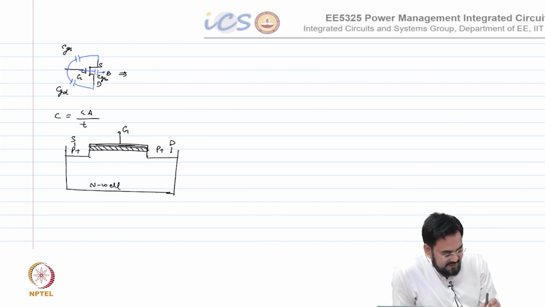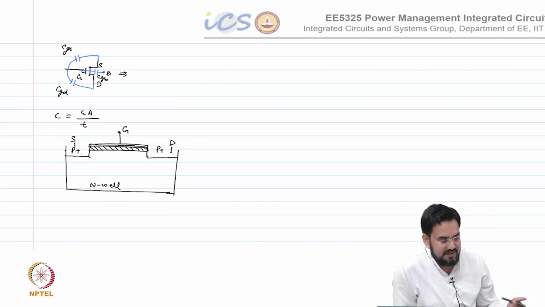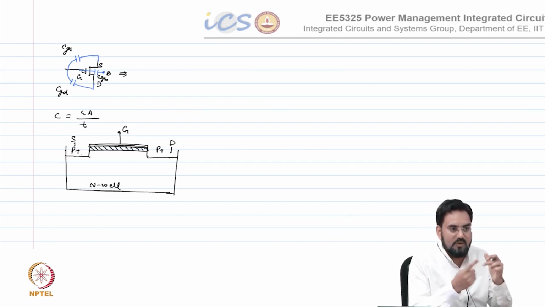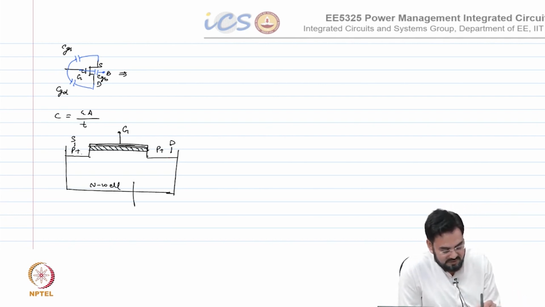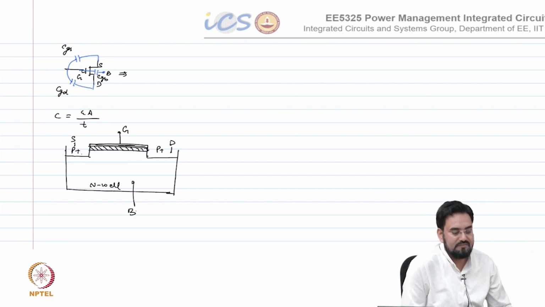If you look at the cap between gate to source or gate to drain, it's only overlap. So, the area is very small, so that capacitor is negligible. Most of the capacitor is coming from gate to bulk. This is your bulk terminal.